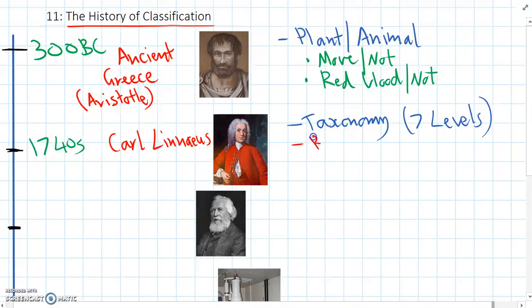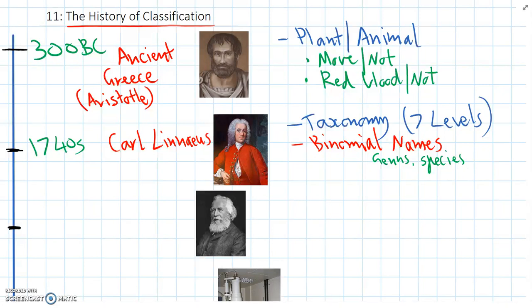And he invented binomial names, which are the scientific names that we've learnt, the genus and the species. Genus and species name. And again, he only had 2 main kingdoms, just like Aristotle. He only had the plants and the animals.